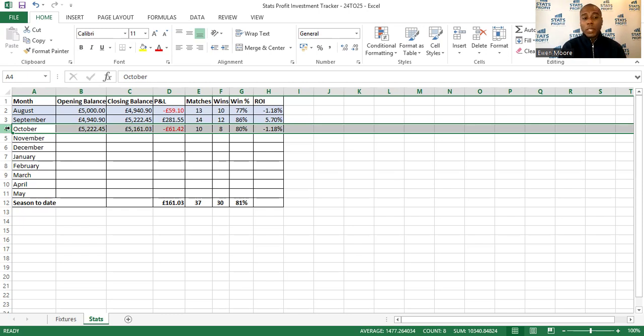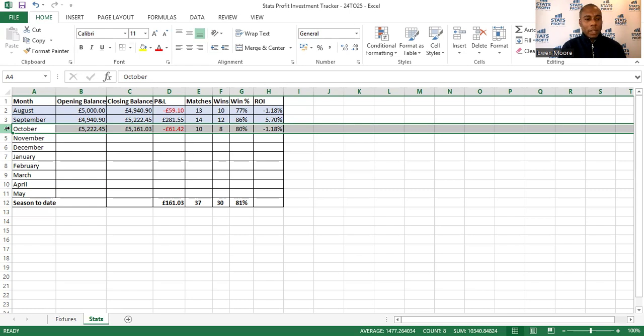Now, as I mentioned, we did have 10 matches with 8 wins, giving us a win rate for the month of 80%. Similar to the month of August, our monthly return on investment was minus 1.18, which I found very interesting, being the exact same amount as the ROI in August.